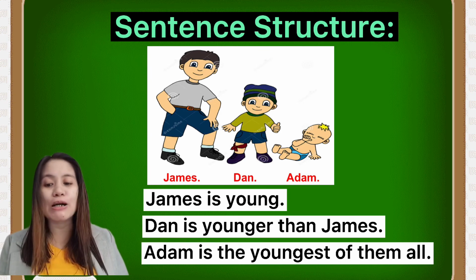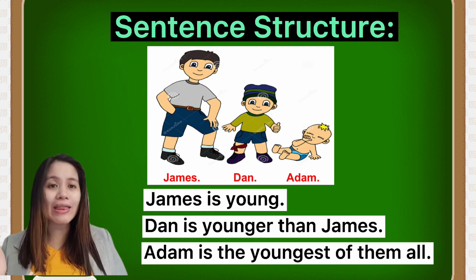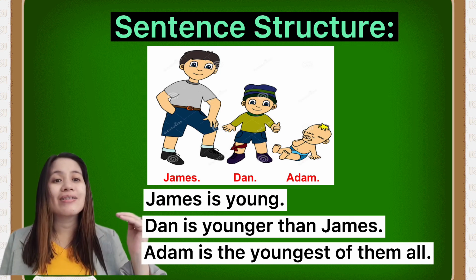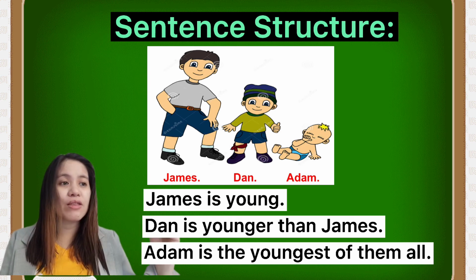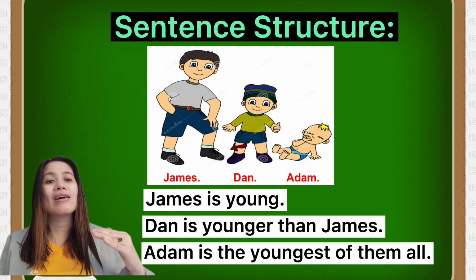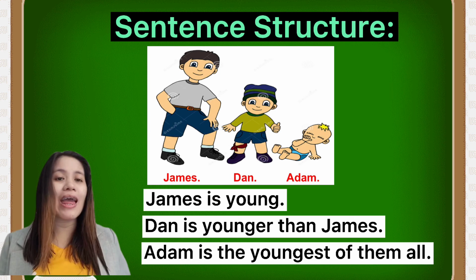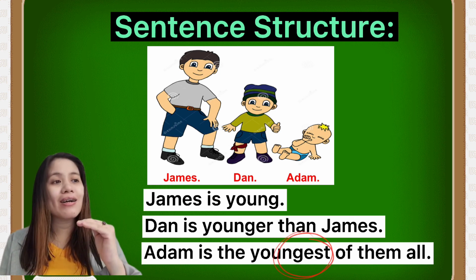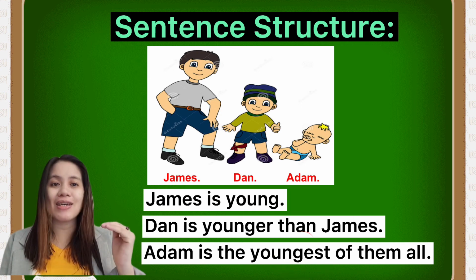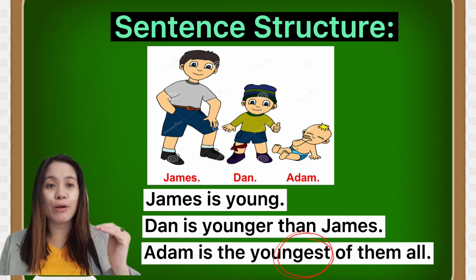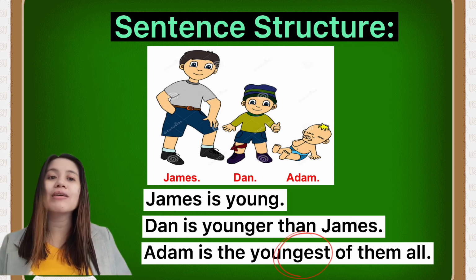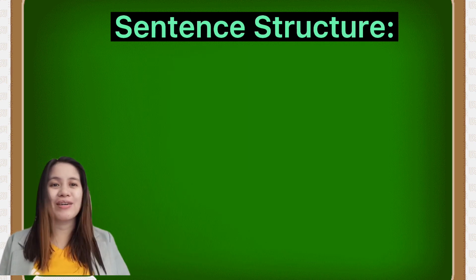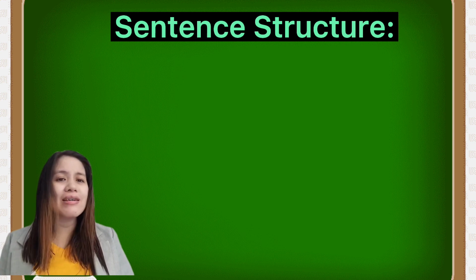So this is an example sentence for comparative. And then for the superlative, we say Adam is the youngest of them all. So meaning, among the three boys, Adam is the youngest. So we use young plus EST, and that is superlative. So Adam is the youngest of them all. Okay, so it's really easy.